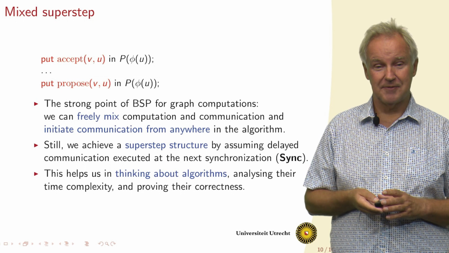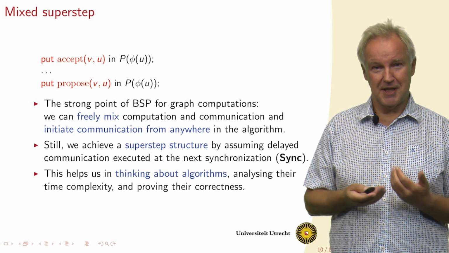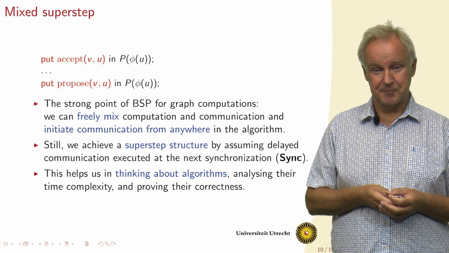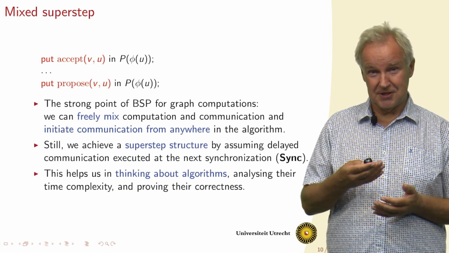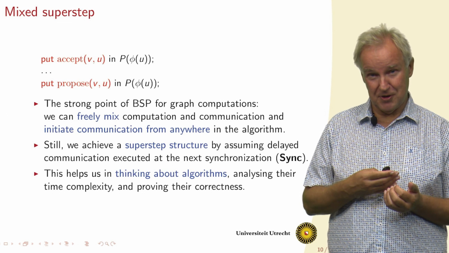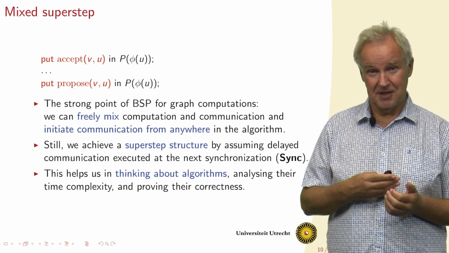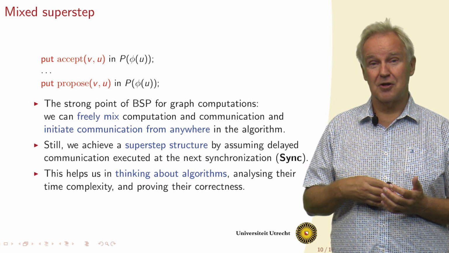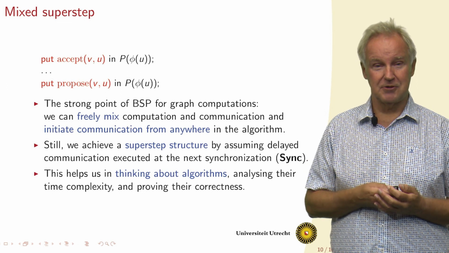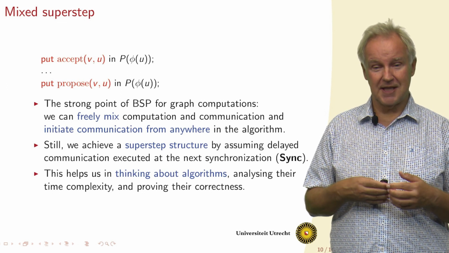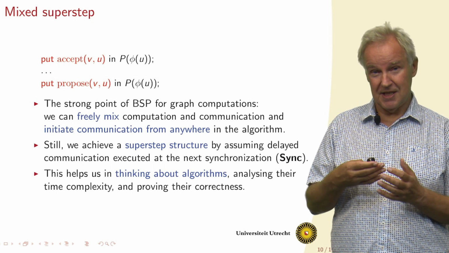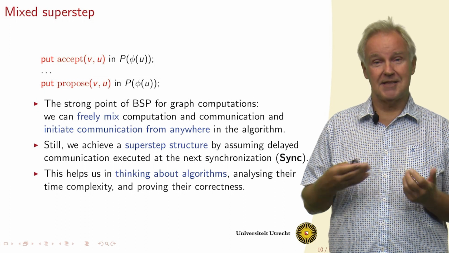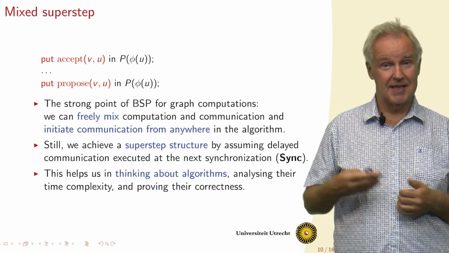You can mix computation and communication, and still the communication is separated from the computation at the sync. First all the computations happen, and only then the communications are carried out. That means we can also reason about this. We can still assume the superstep structure, and that helps us in thinking in sync.